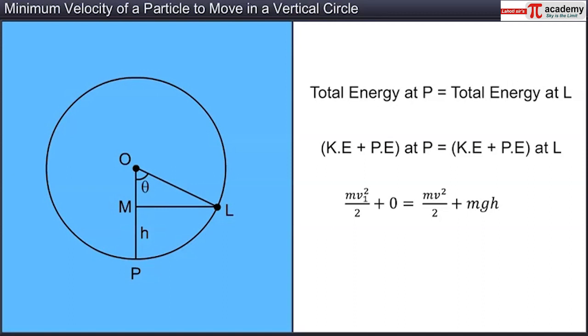On simplification, this becomes m v1 square upon 2 is equal to m v square upon 2 plus mgh. Let this be equation 2.